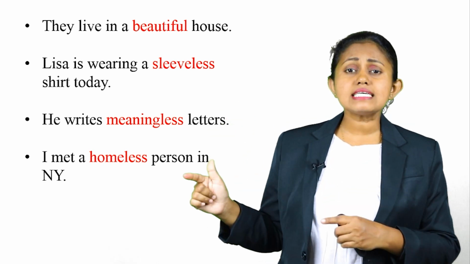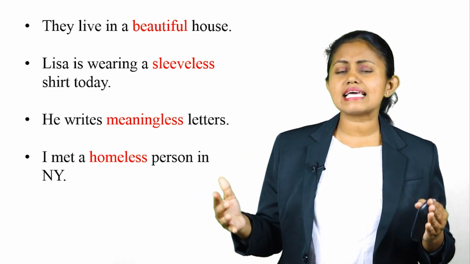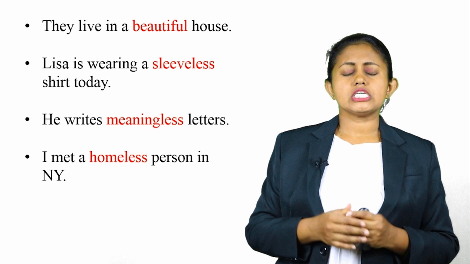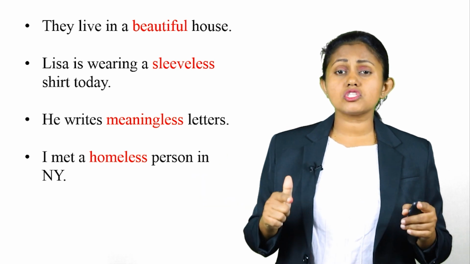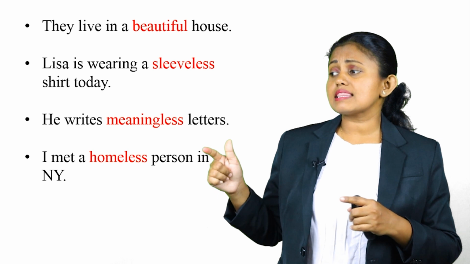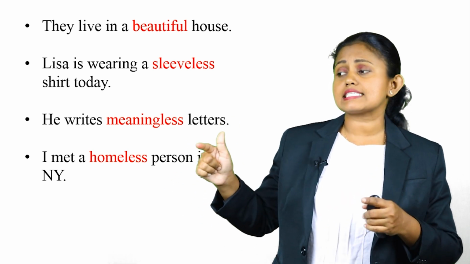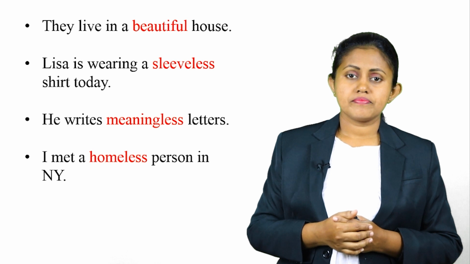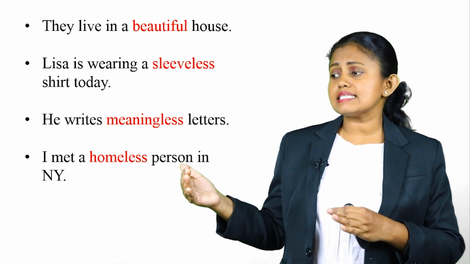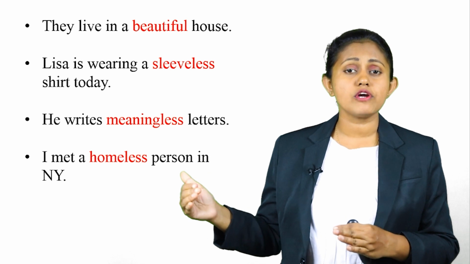The third sentence is, he writes meaningless letters. He writes letters, but those letters are meaningless. So here the noun letters is described by the adjective meaningless. The next example is, I met a homeless person in New York.